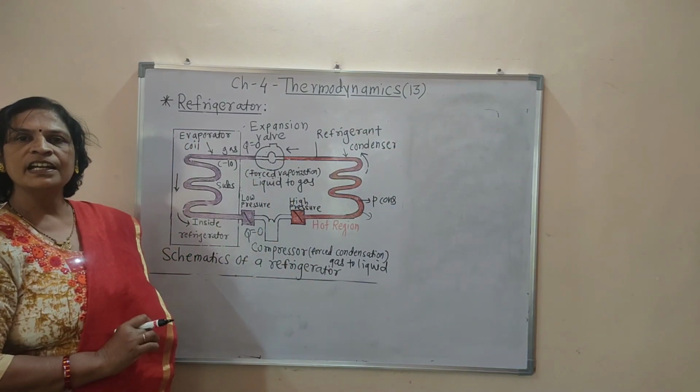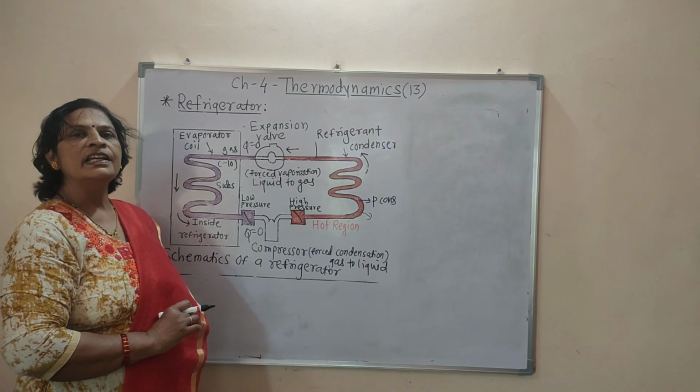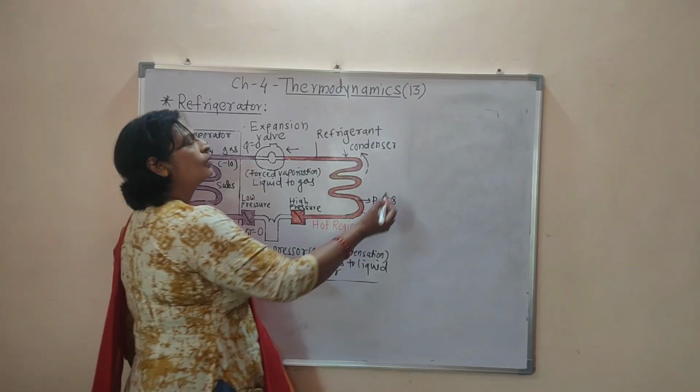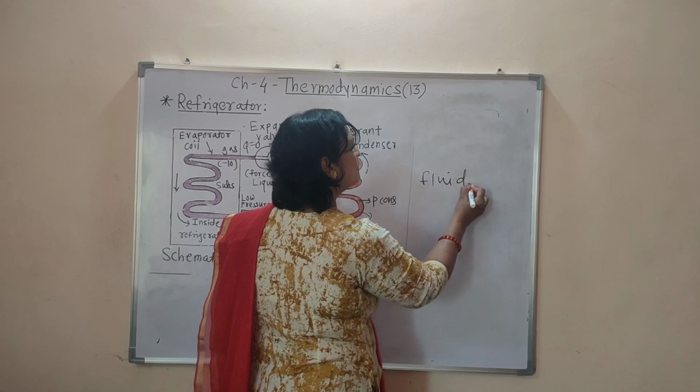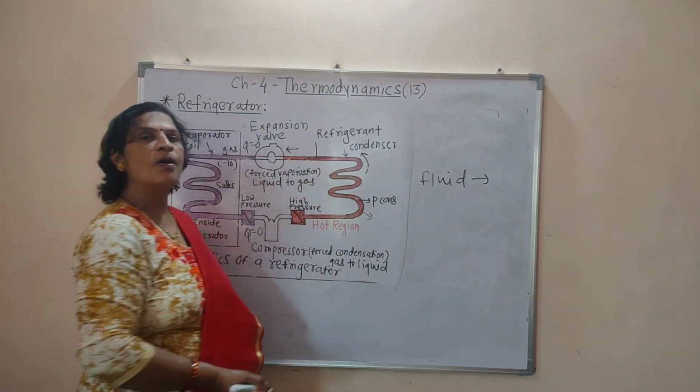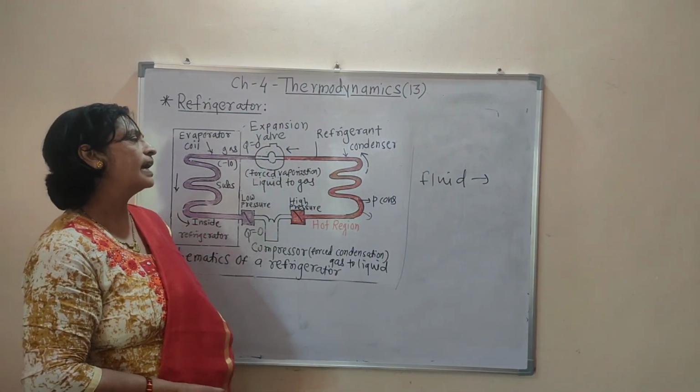What is a refrigerant? A refrigerant is a fluid. What do you mean by fluid? A substance which is capable of flowing is called a fluid.